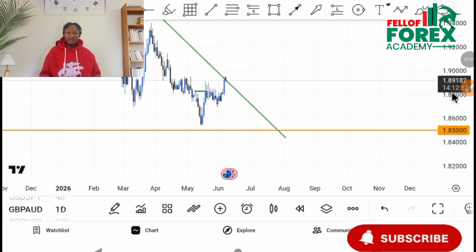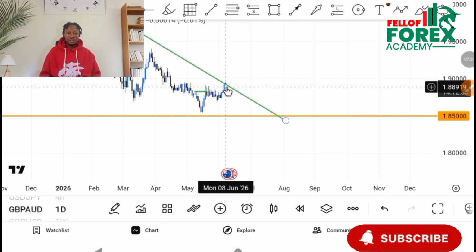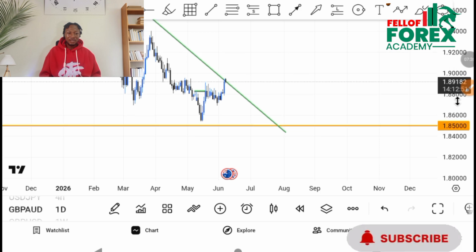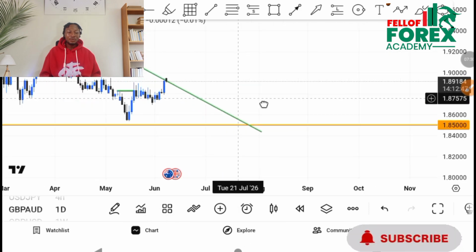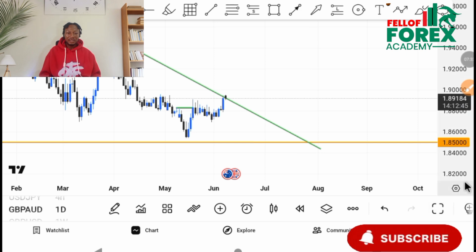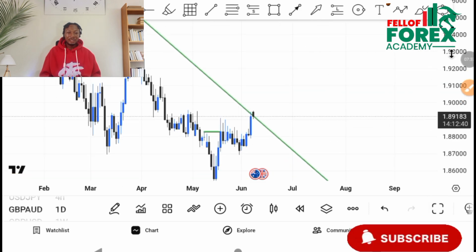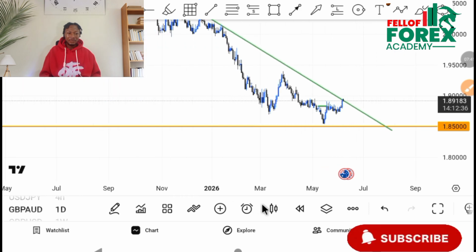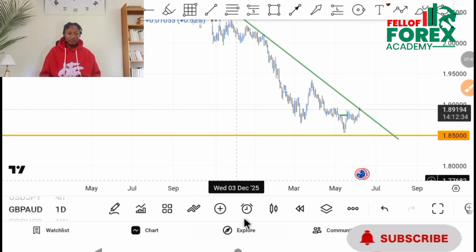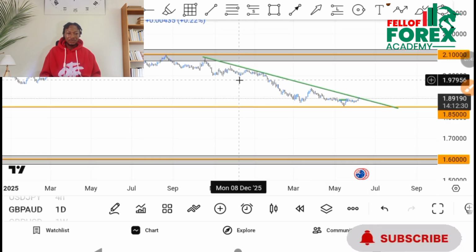You realize we did this analysis when price was below this trend line, but now as we speak, price has already broken above the trend line, okay? This is a weekly trend line, daily trend line. So let me just compress it so you can see. Good. So this is what we see.